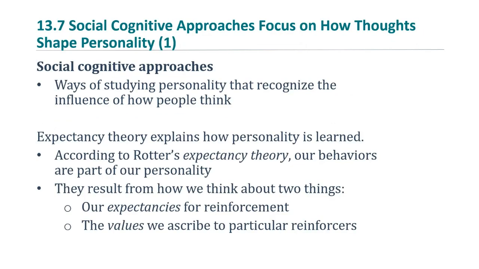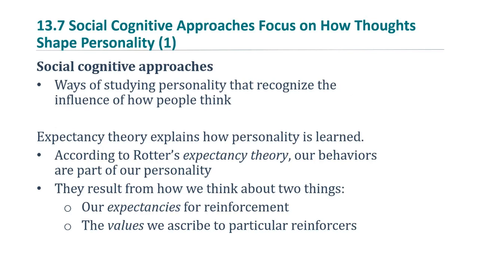Okay, so that was humanistic approaches and Carl Rogers' person-centered theory. The third major category is social cognitive approaches, which have to do with thinking. We'll look at one here.